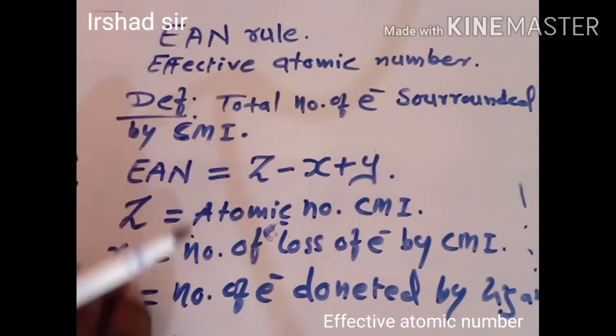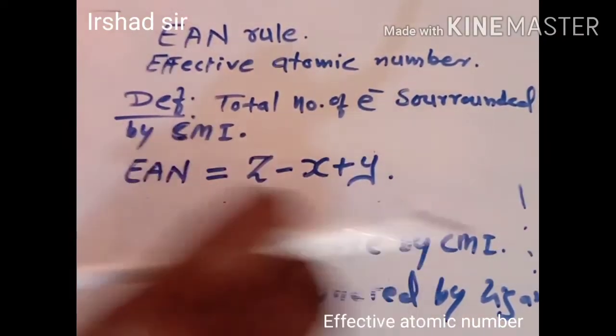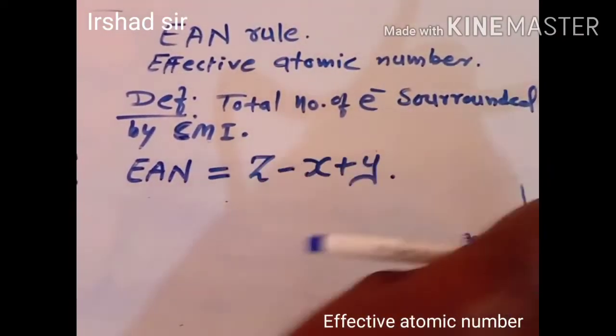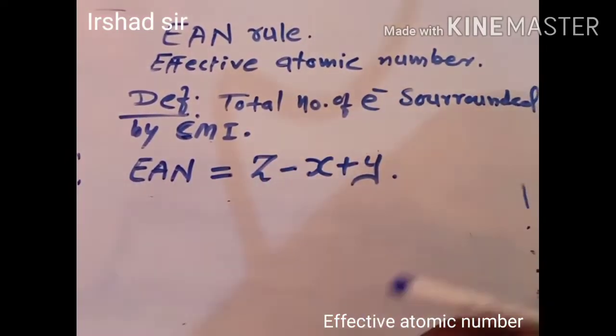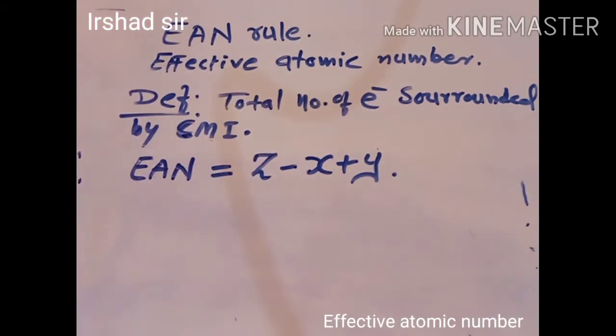If it does not achieve any noble gas electronic configuration, then it does not obey the EAN rule.